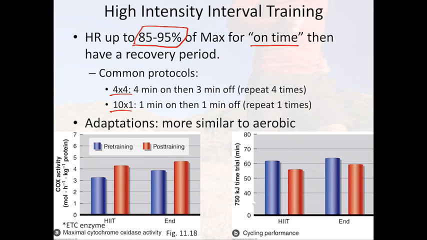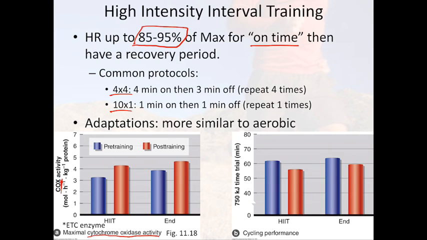Okay, so really the bottom line in the short story here, again, this is work from Martin Gibala, the guy I was mentioning that we saw speak at the conference a couple weeks ago, and they're looking at COX enzyme activity. This is cytochrome oxidase activity, which is important for the electron transport chain.